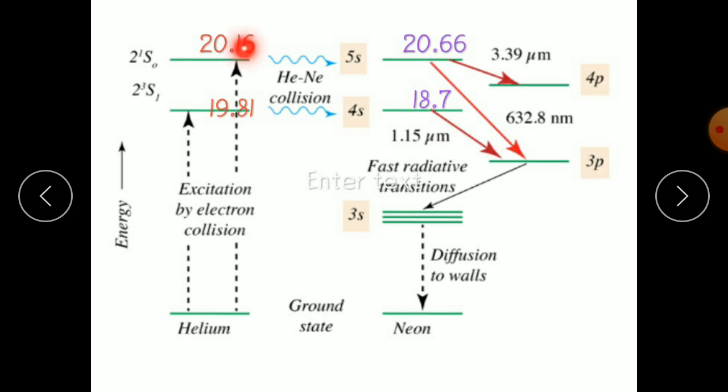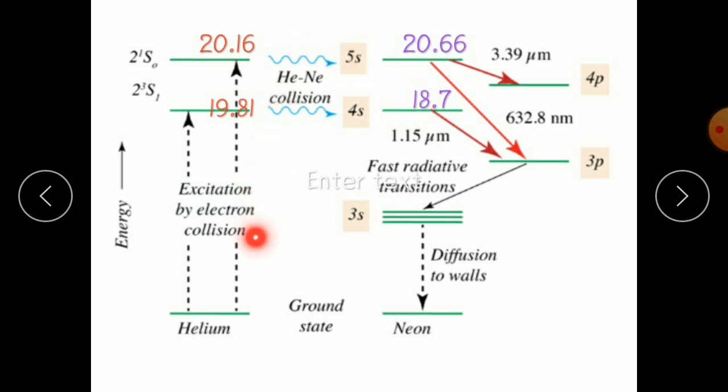The energy difference between these energies is very small, so these energy levels have nearly equal energy.